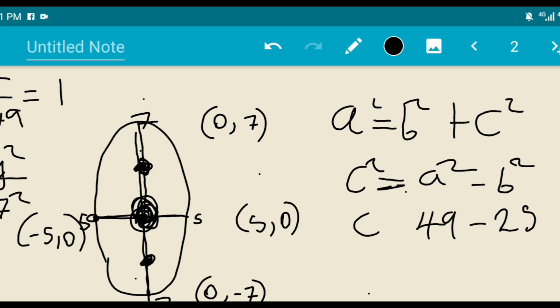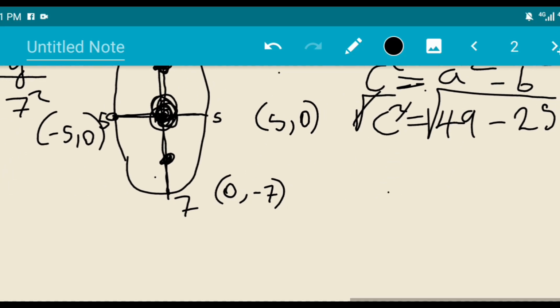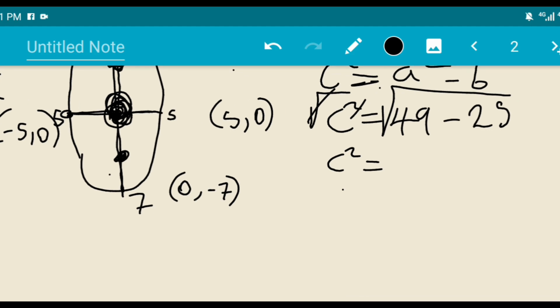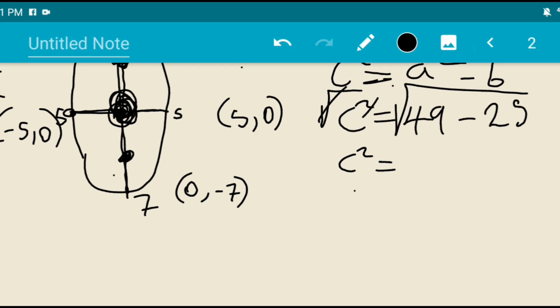Then C is where the focus is. So we take the square root here and the square root there, so that cancels out. What we are now going to remain with is C squared is equal to 49 minus 25. Our answer is 24.